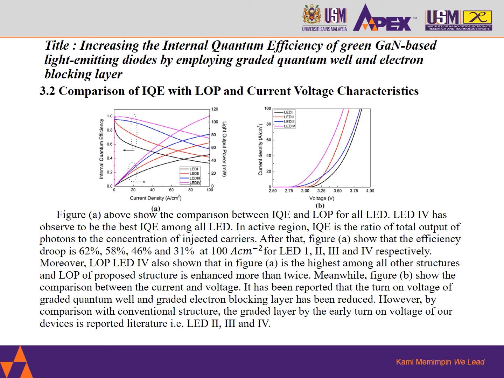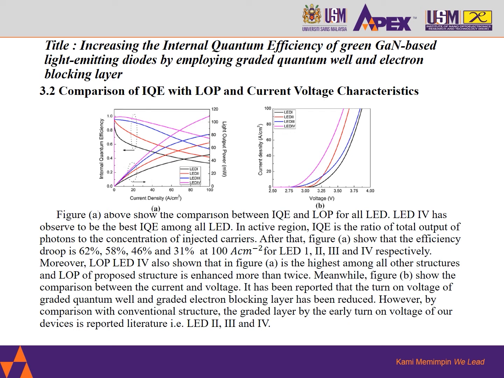After that, figure A shows that the efficiency droop is 62%, 58%, 46%, and 31% at 100 A/cm² for LED 1, 2, 3, 4 respectively.